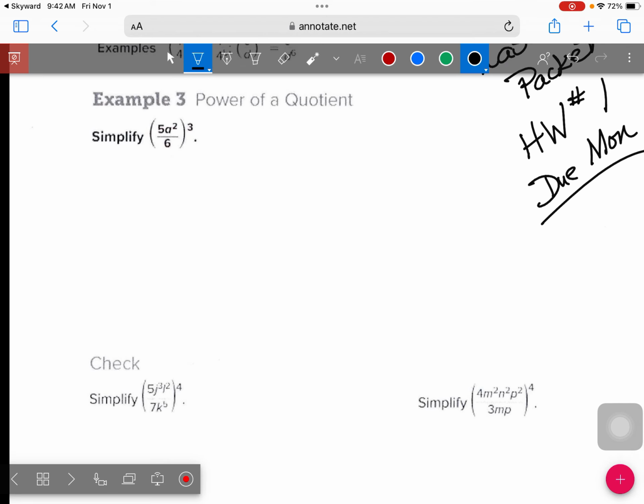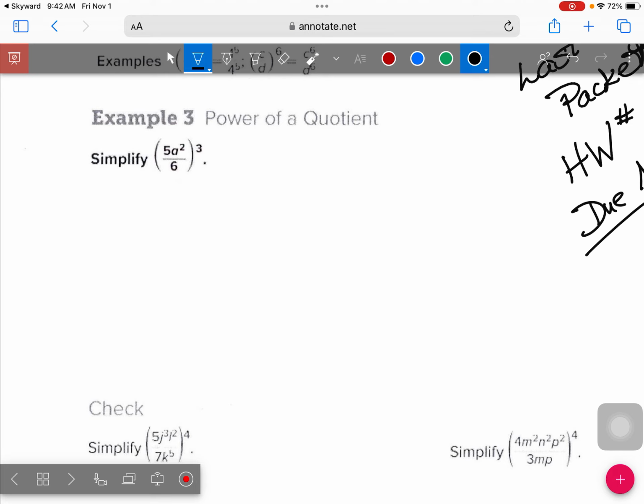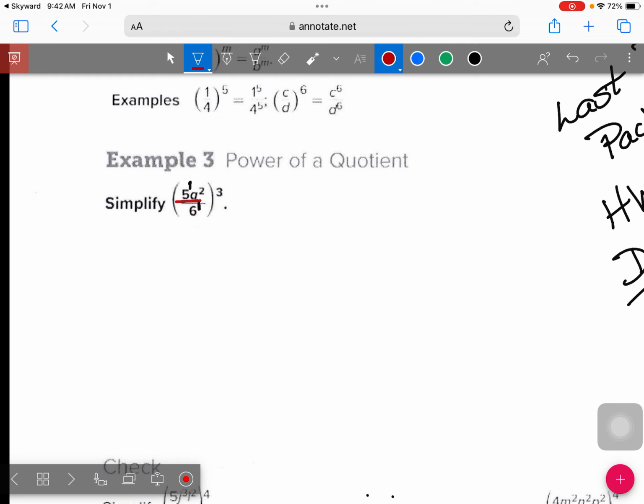All right, so this first example, whenever you see any number or value without an exponent, put a 1 on it. Okay? Put a 1 on it. You are still taking a power of this quotient. Quotient meaning you are dividing, but we're taking a power. So it's still like distributing that 3.